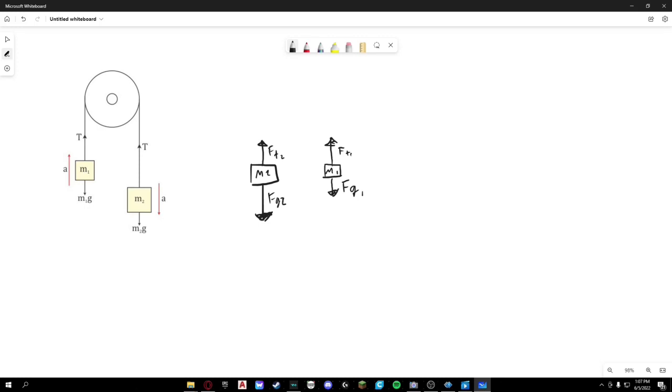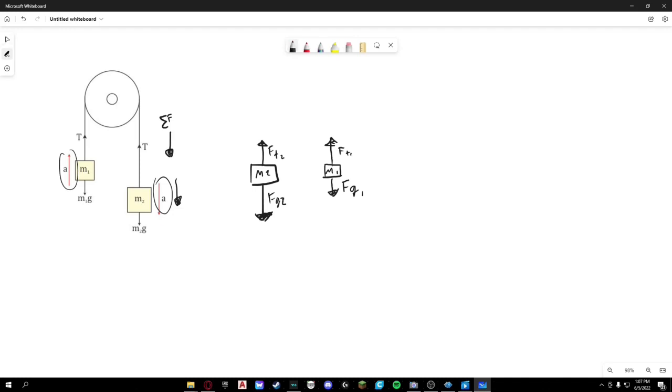So what does this mean in the Atwood machine? So that means everything is moving in the direction of mass 2, which is why we see acceleration here and here. Block 1 is moving up and block 2 is moving down, which means that the positive direction is down since the net force is moving with mass 2.